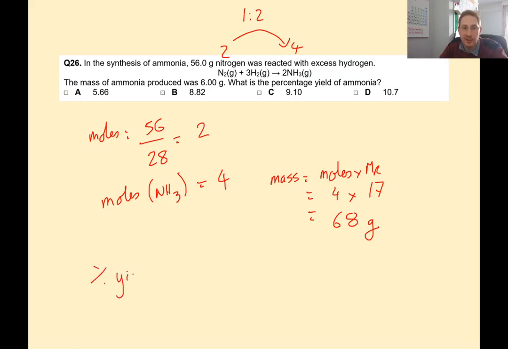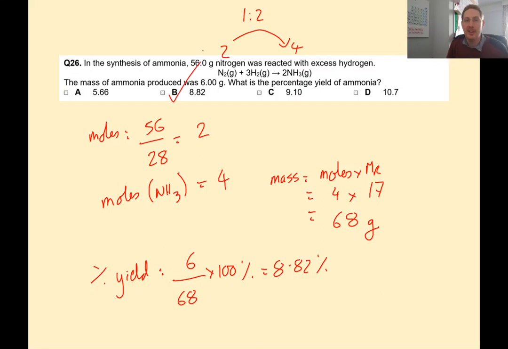Percentage yield is actual mass 6 over expected mass 68 times by 100%, and I'm really hoping that I get an answer that corresponds to one of those. 6 divided by 68 times by 100%. Yeah, 8.82 is a valid answer there. And therefore, hopefully, the answer is B.